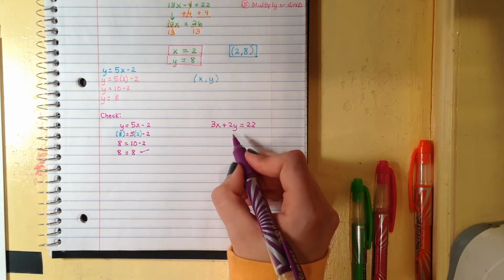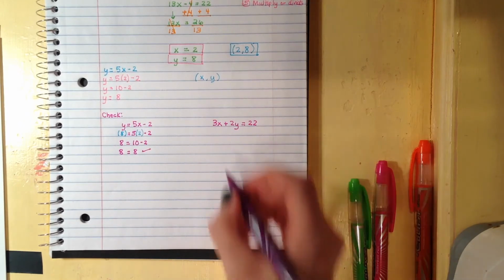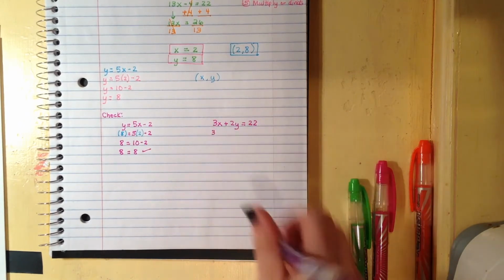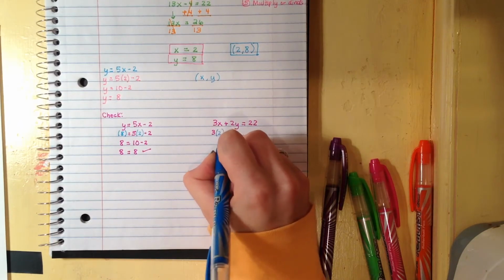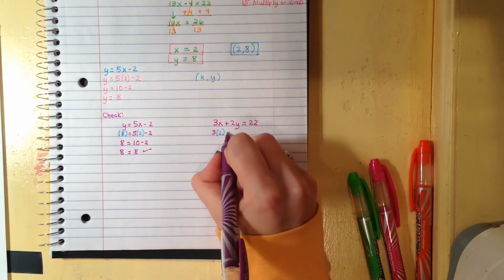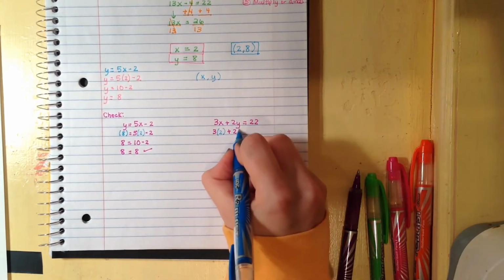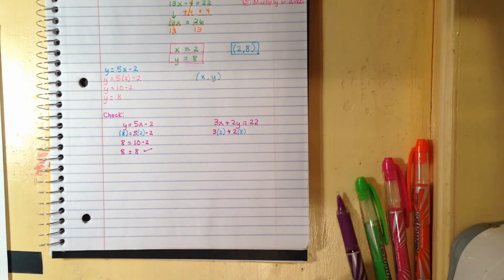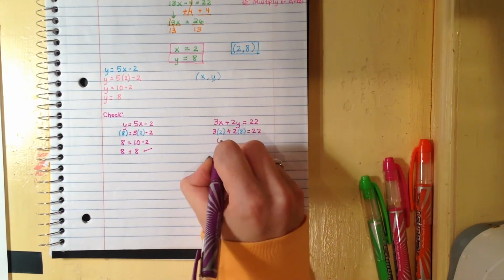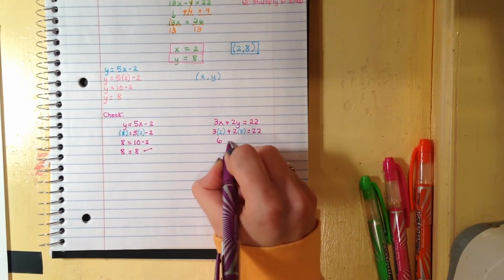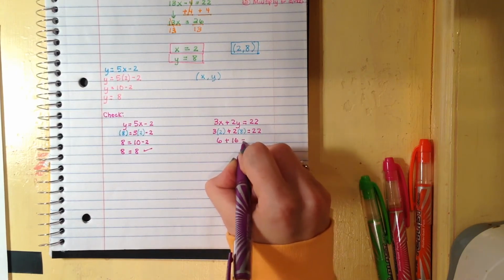We have to now check and make sure that 2, 8 is a solution to my second equation. x is 2. Plug in 2 for x. And 8 is y. Still simplifying from left to right. 3 times 2 is 6. 2 times 8 is 16.